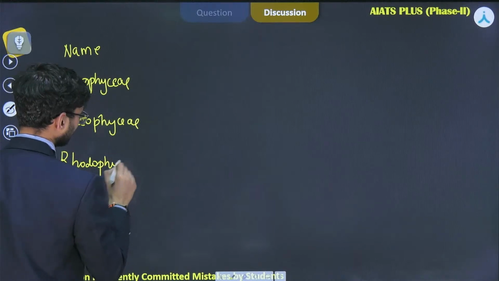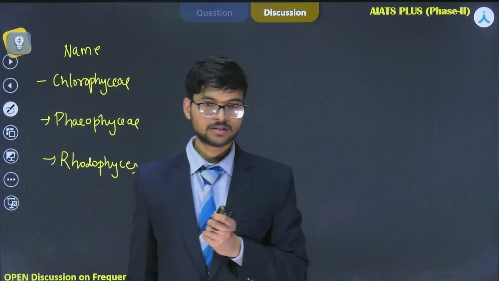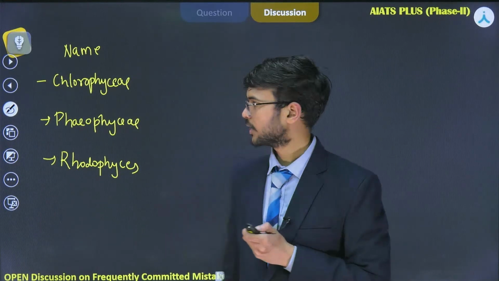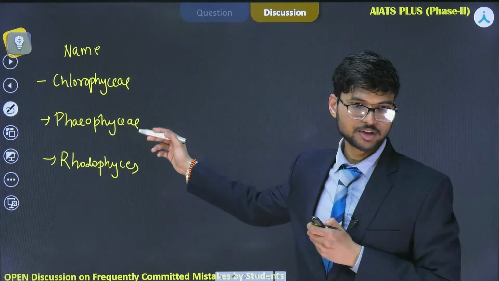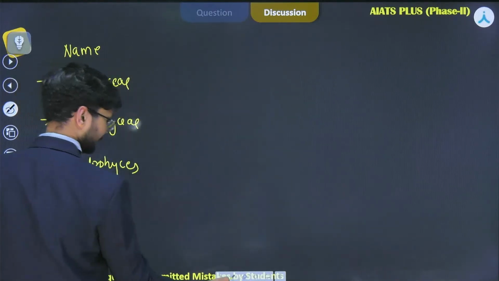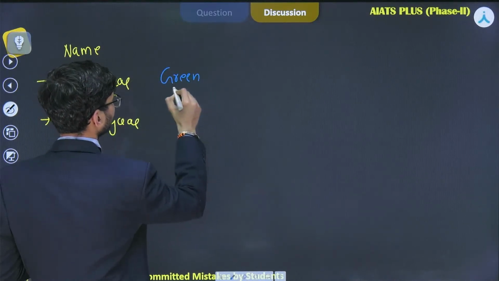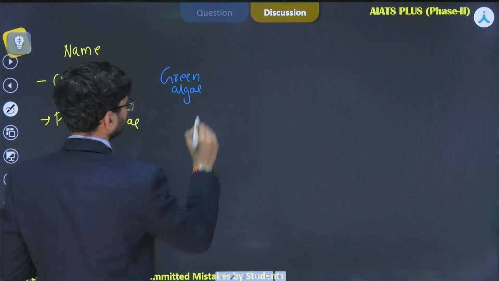Yes, these are the three classes of algae. Okay. So, these are the different classes of algae. Now, Chlorophyceae is also called green algae. Okay. So, they are green algae.